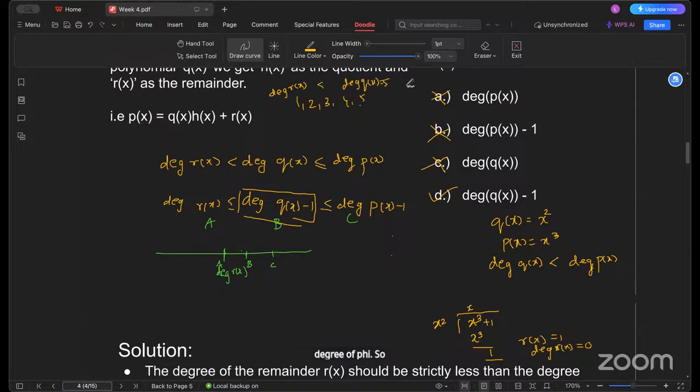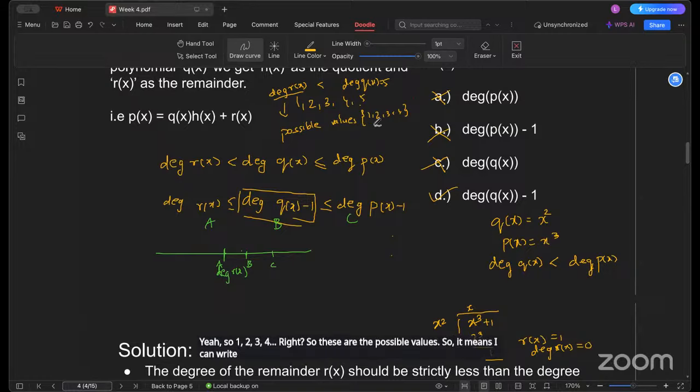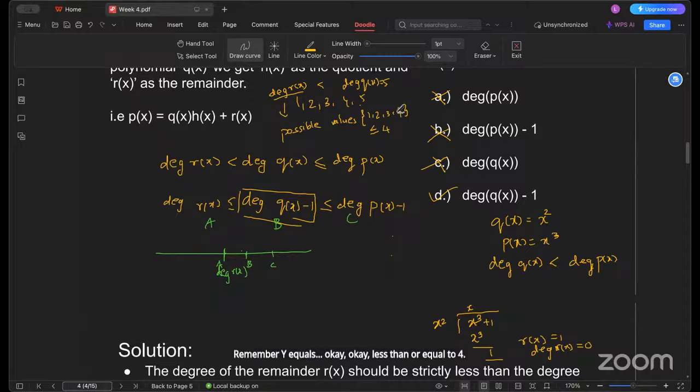So what are the possible values for degree of r of x? Tell me the possible values. It should always be less than 5, so 4, 3, 2, 1. Yeah, so 1, 2, 3, 4, right? These are the possible values. So I can write that this is less than or equal to 4. Yes or no? Because it can take 4 also.